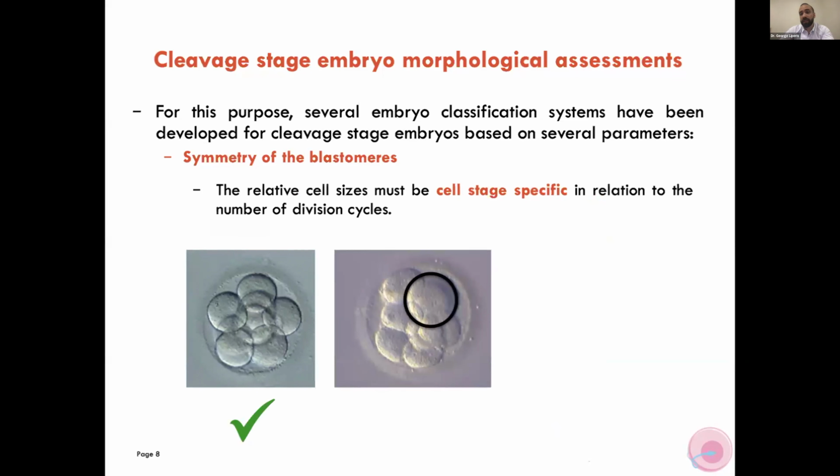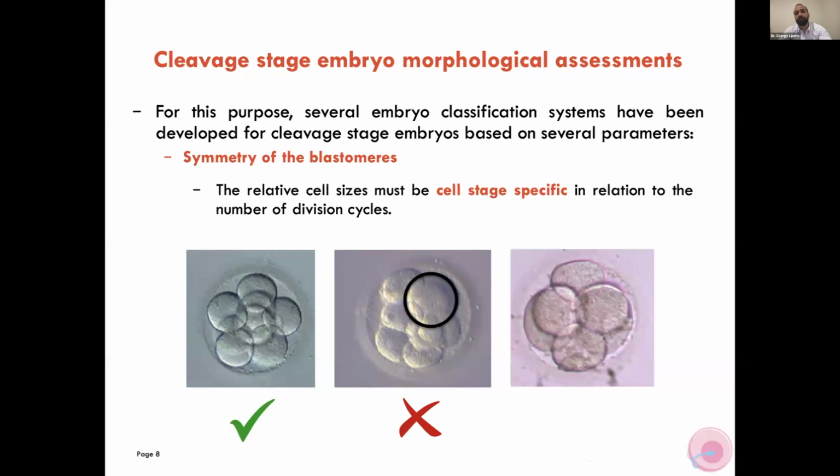This means that when this embryo divides, it's going to give rise to a 9-cell embryo. Therefore, this embryo has entered the 4th round of division and is not cell stage specific. And another example here, we see a 6-cell embryo with 2 large blastomeres, which when they divide, they're going to give rise to an 8-cell embryo. So this is a cell stage specific embryo.